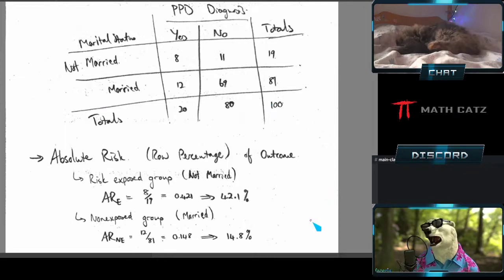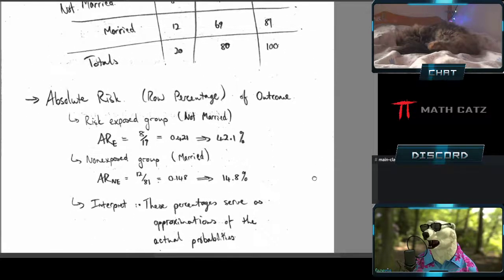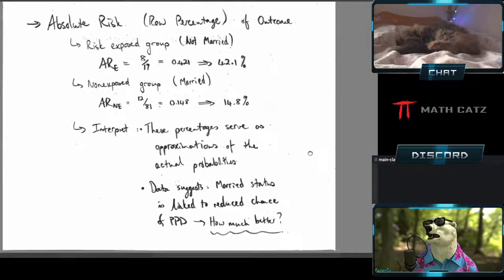So from this, the data suggests that you are more at risk if you are not married. I wrote that down as a reminder: percentages serve as approximations for the actual probabilities. And we have to interpret this.